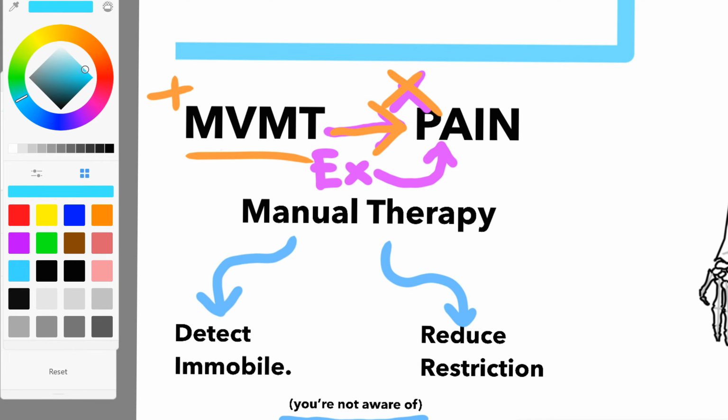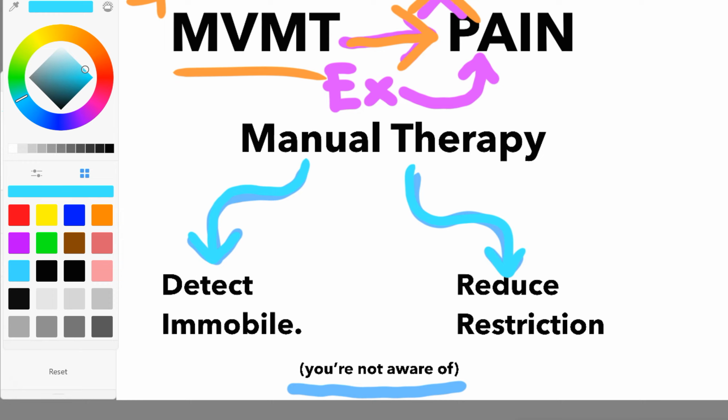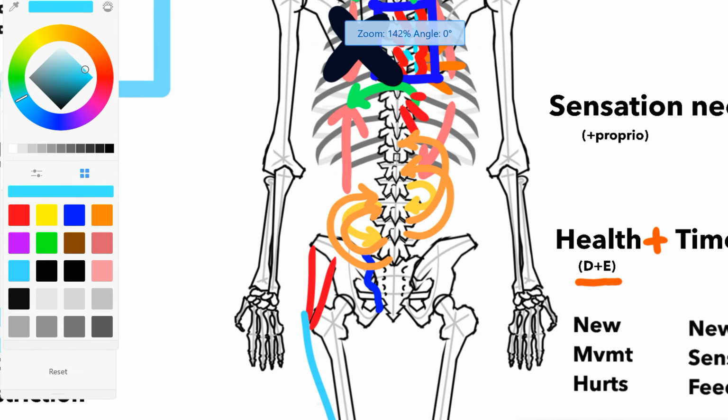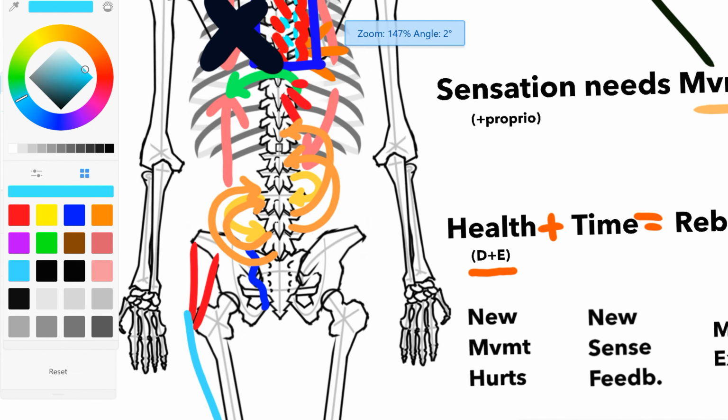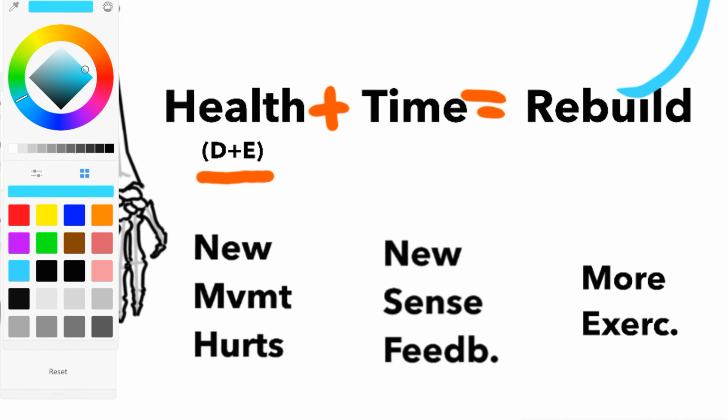So the ability of a manual therapy, or even an exercise therapy, yoga tends to be very good at this, qigong, tai chi, lots of others though. Manual therapy, its ability to detect immobilities, reduce those restrictions, especially ones that you're not aware of, is hugely valuable because over time, as we increase the feedback, even though it can be painful, sore initially, it gradually adds to sensation feedback.